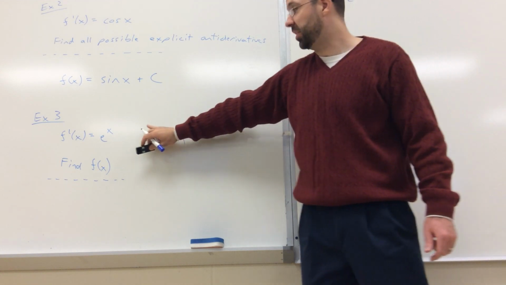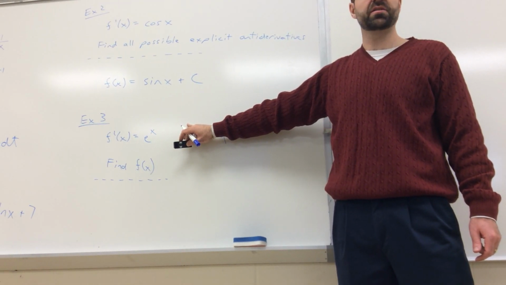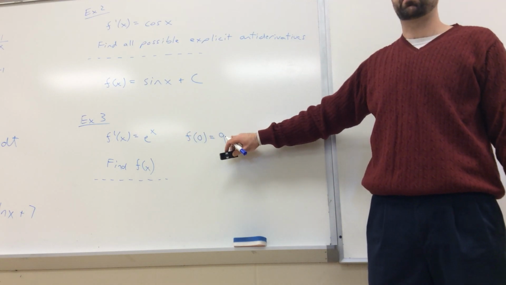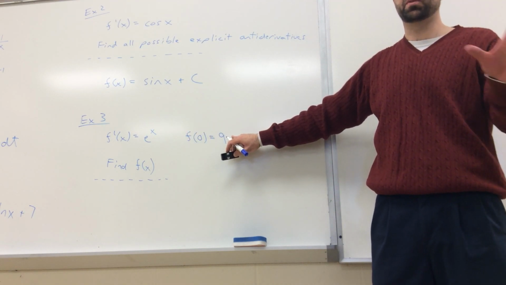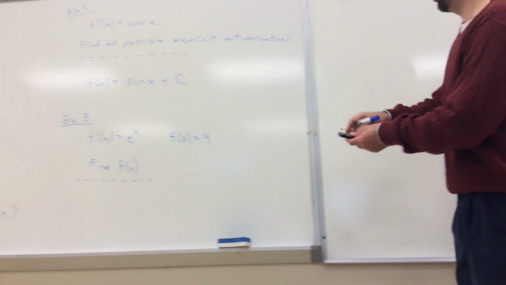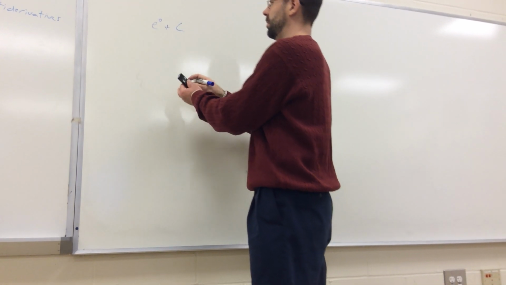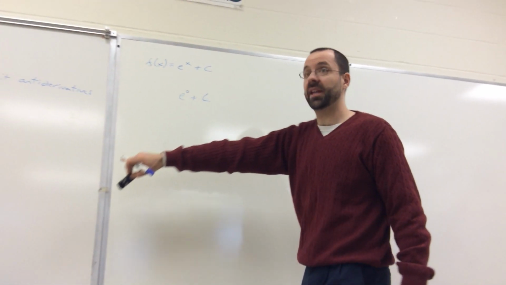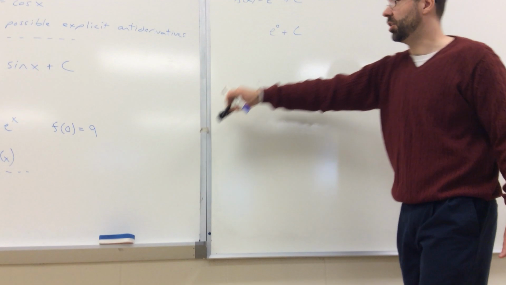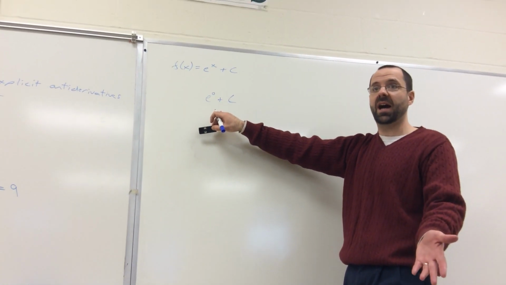So if I didn't have that piece of information, there would be infinitely many possible answers. But then with this piece of information, that gives me a specific answer. So I know that when I plug 0 in for x, based on that information there, it's supposed to spit out 9.